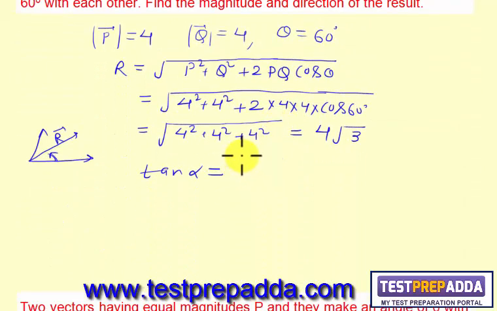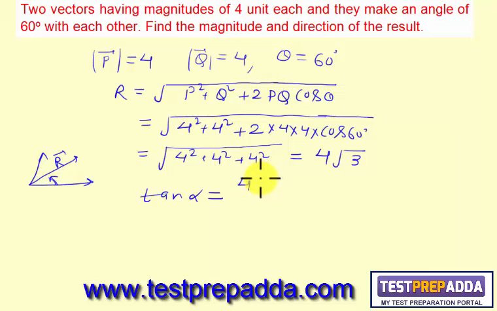Q is 4. Sine theta means sine 60, so it will be root 3 by 2, upon P plus Q cos theta, which means 4 into cos 60, which is 1 by 2.